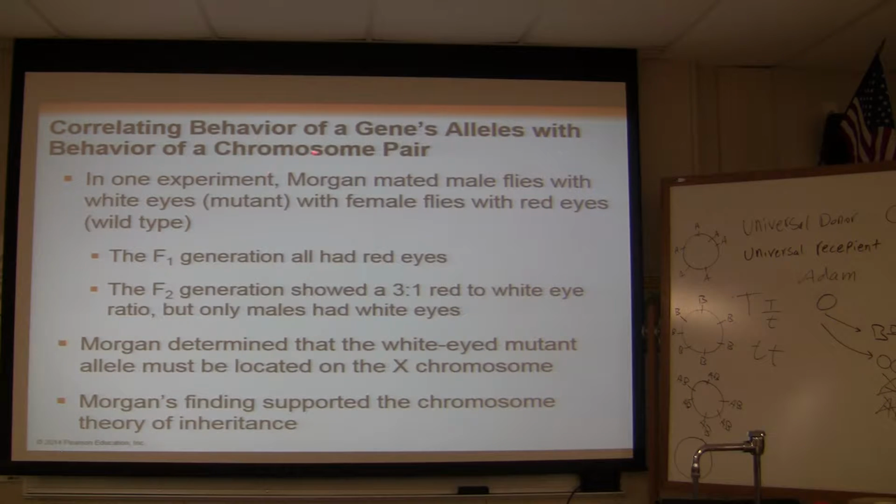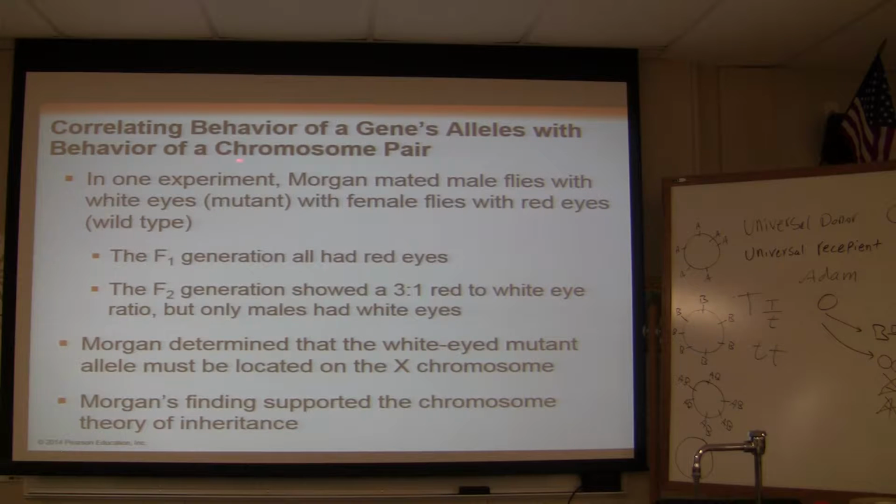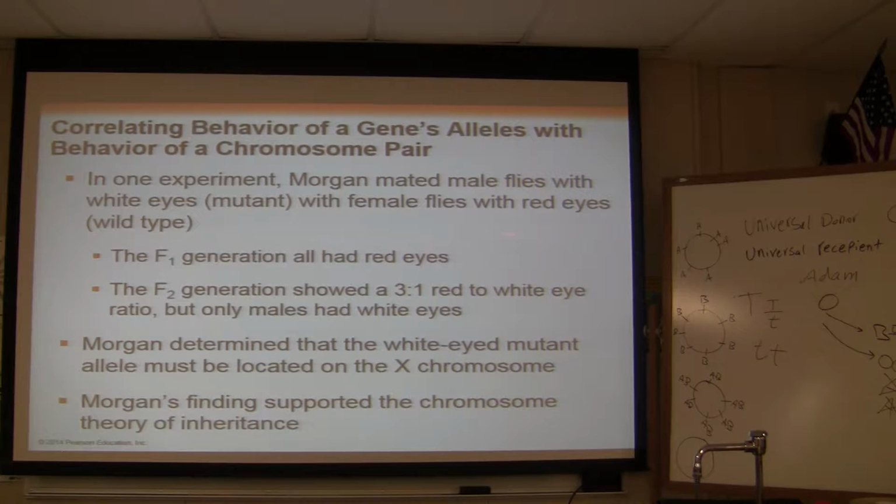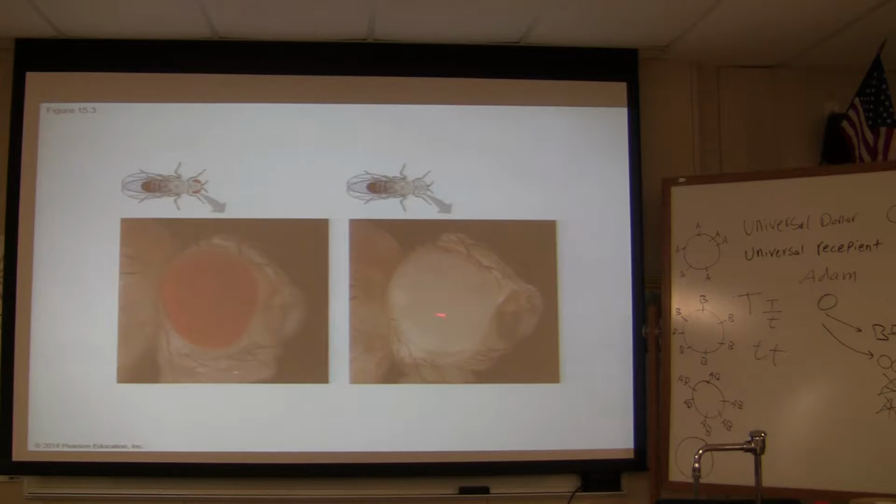Then, the correlation of the behavior of a gene's alleles with the behavior of the chromosome pairs. In one experiment, Morgan used males and females. Now we're talking about male and female. During Mendel's time, male and female did not mean anything. But now, with Morgan, in fruit flies you know which one is male and which one is female. The sexes are separate. They are not monoecious.